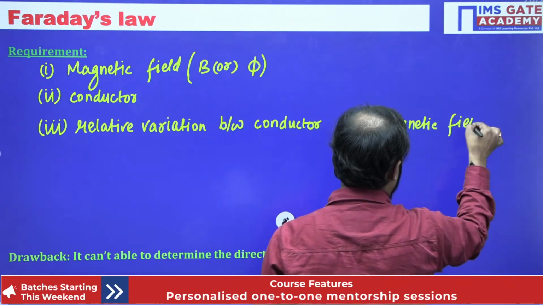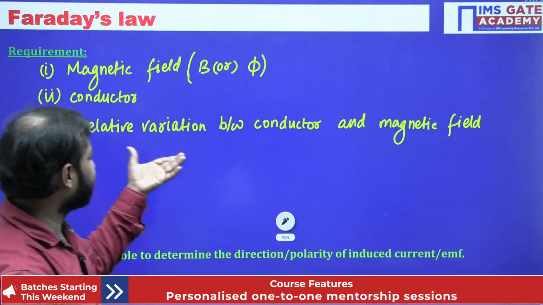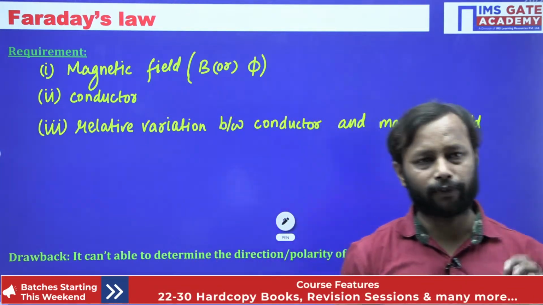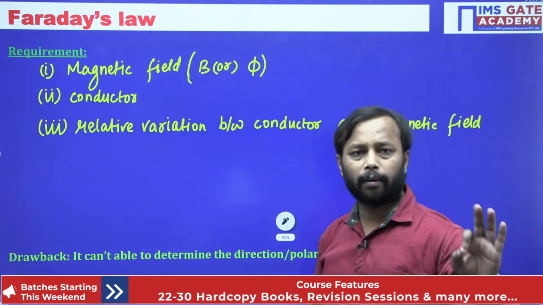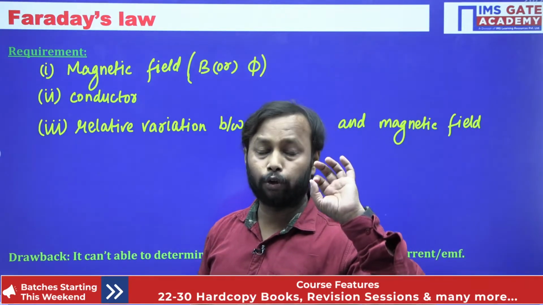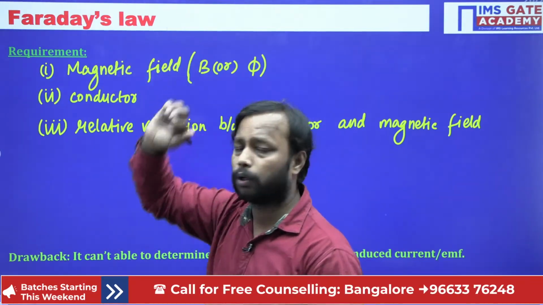This relative variation is very important. Until and unless you have this, you cannot produce an EMF, even though you have the other two quantities.